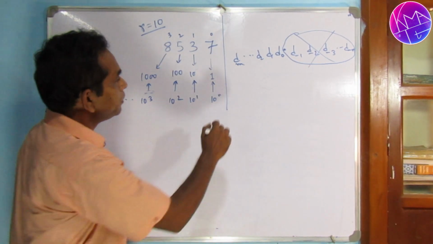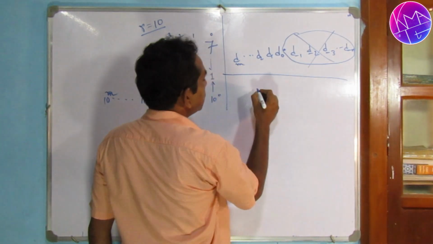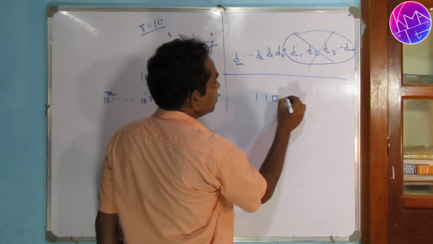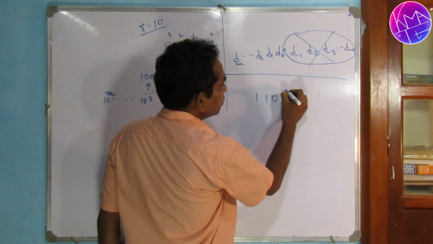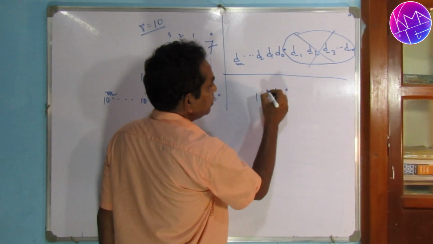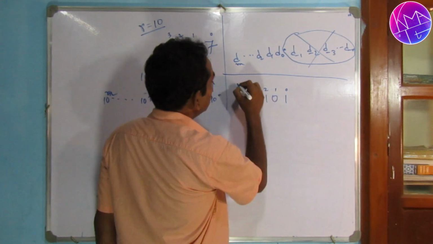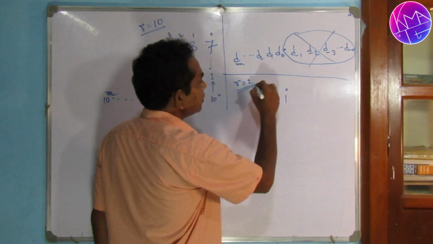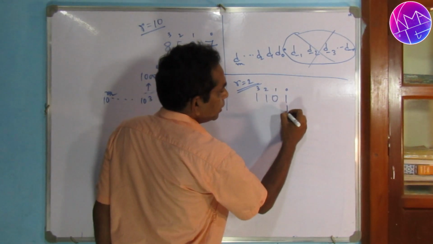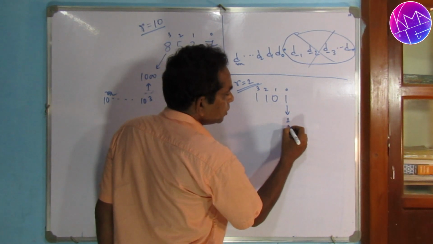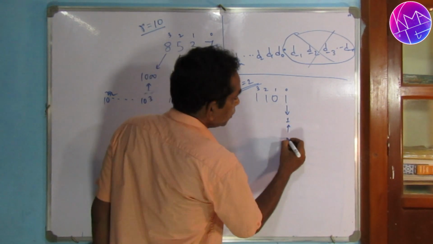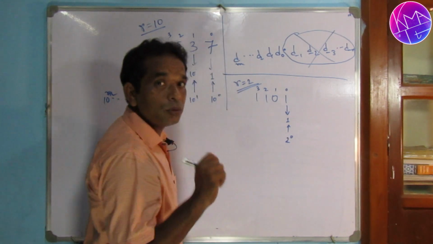Okay, similarly in case of binary number system, let us consider 1101. It's also position value 0, 1, 2 and 3. Now as it is binary number system, so again its units position. Now this unity is coming from 2 to the power 0, not 10 to the power 0.